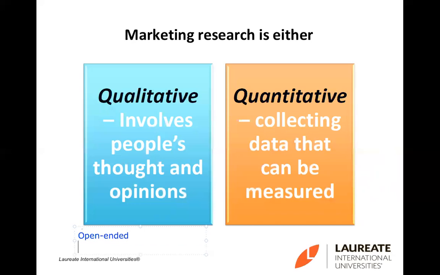The popular techniques here include FGD, focus group discussion, in-depth interview or case study, and observation, which is also part of the qualitative technique. Now, an FGD is organized with one moderator, someone moderating the discussion. This person normally has a list of questions as a discussion guide, and we invite 6 to 10 respondents to come to the FGD.